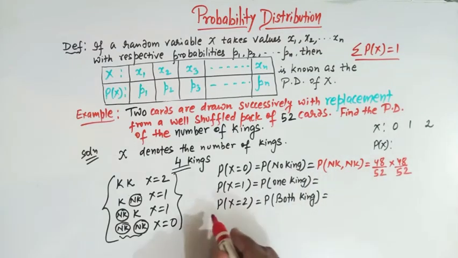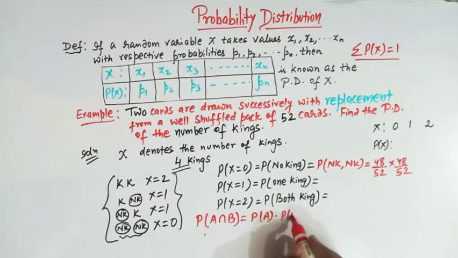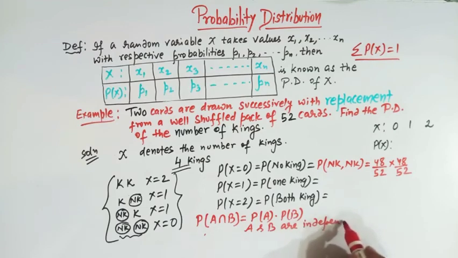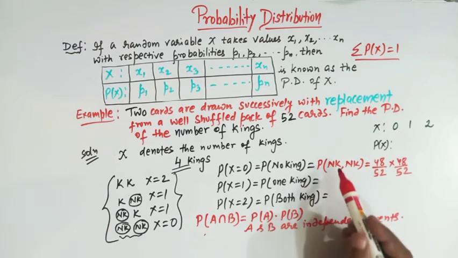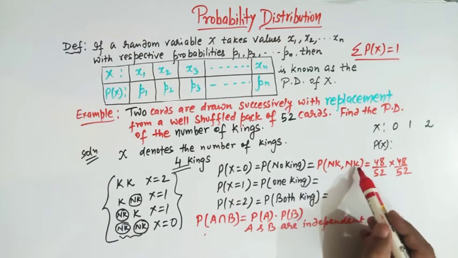So here we have applied the formula for probability of A intersection B, so it is P(A) multiplied by P(B), where A and B are independent events. So no king means non-king and non-king.